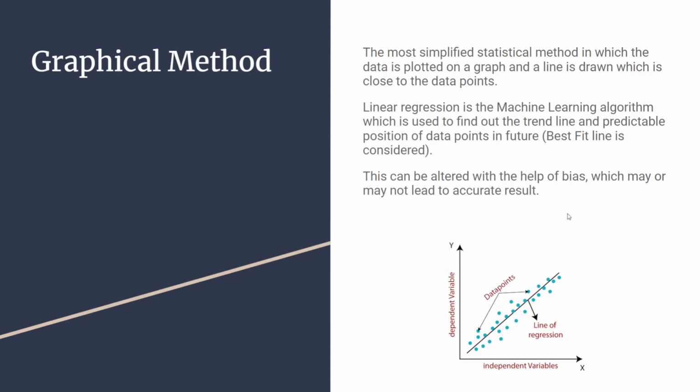So the dots which are here, the blue dots, are nothing but the data points or the mathematical data which is represented in this xy plane. So the black line which is crossing, highly likely to be in the middle of these data points, is the predicted line.